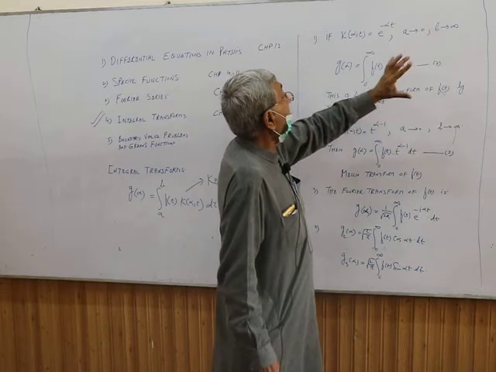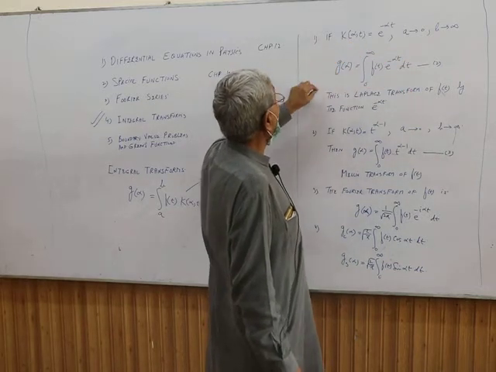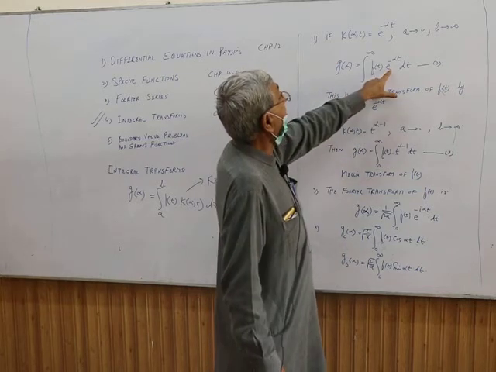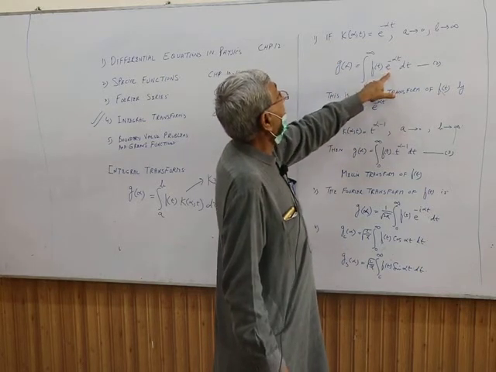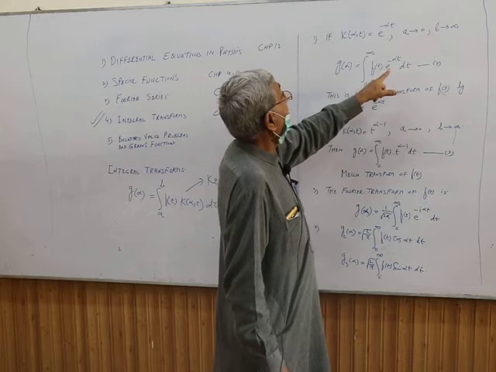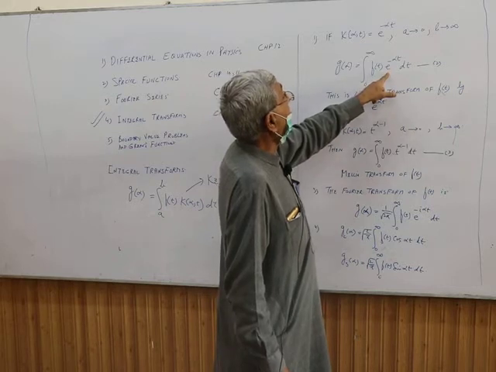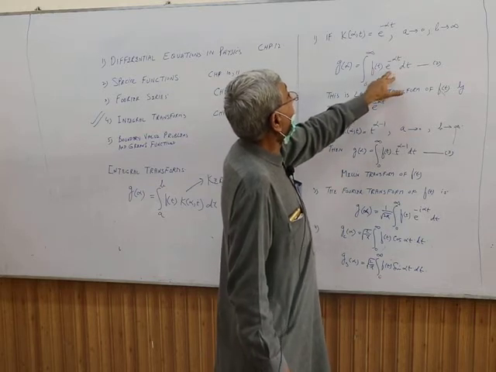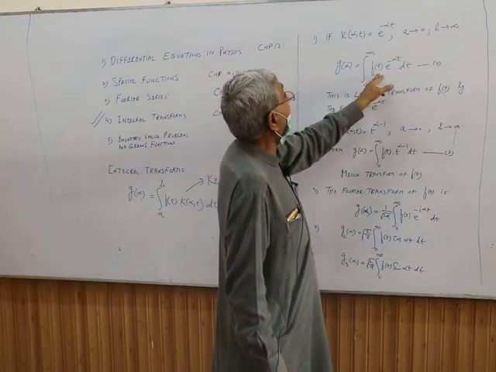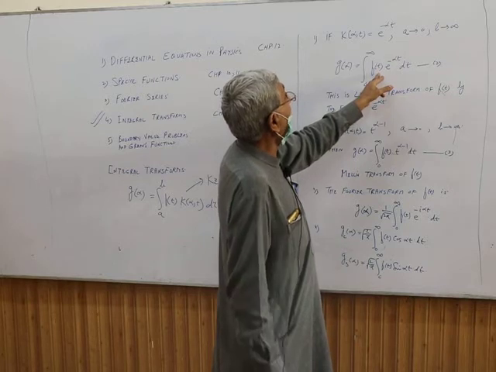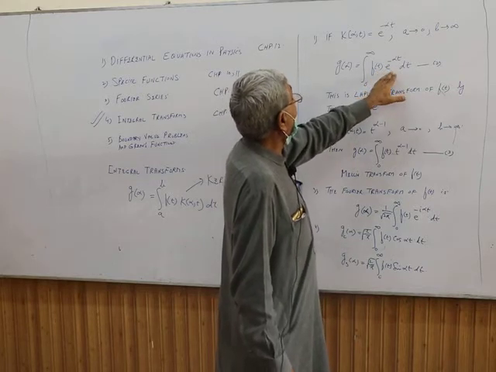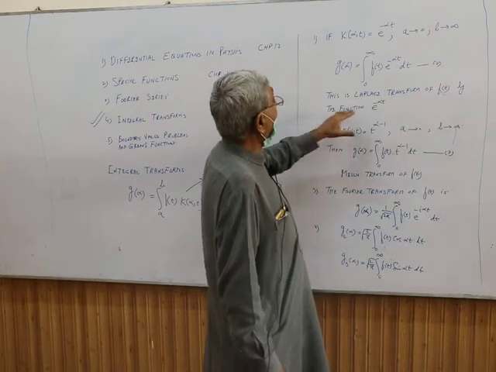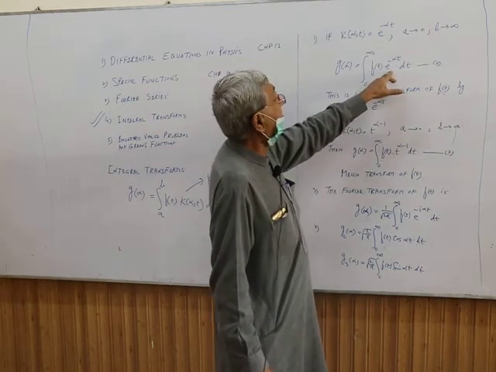dt. So wherever you see this type of transformation, where there is a negative exponential function of two variables, and here is a function f(x) or f(y) or whatever it is, then this is known as the Laplace transform of f(t) by the function e raised to minus alpha t.